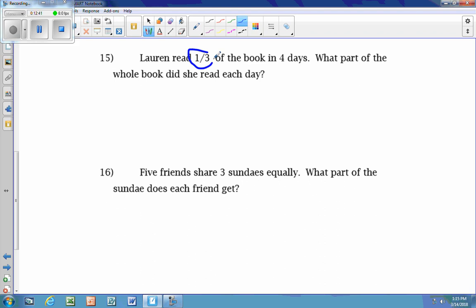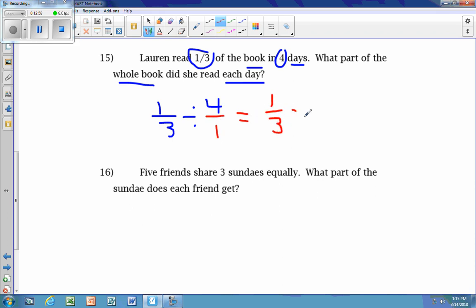Lauren reads 1/3 of a book in 4 days. What did she read each day? So I have to take my 1/3 of a book and split it up over 4 days. We've learned there is a 1 here, but we're going to go with our keep, change, flip. And we end up with 1/12 of the book.